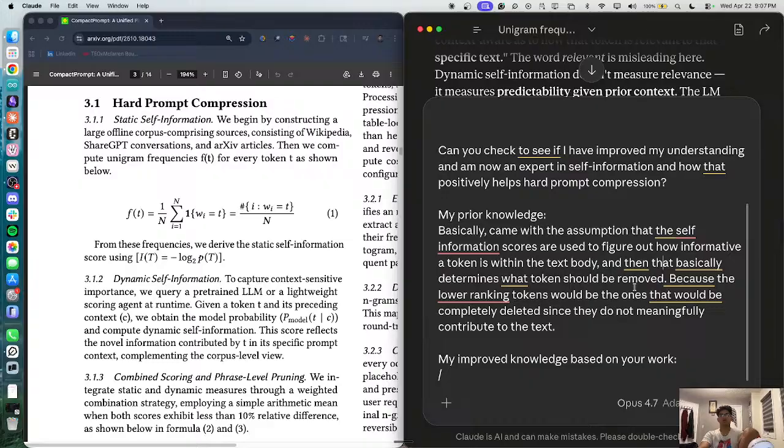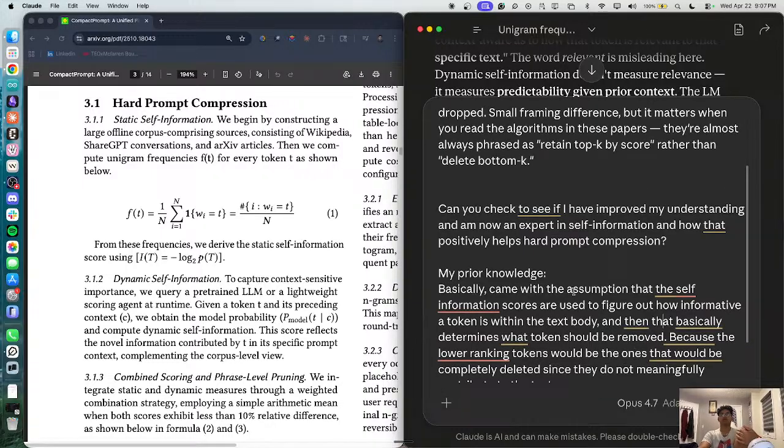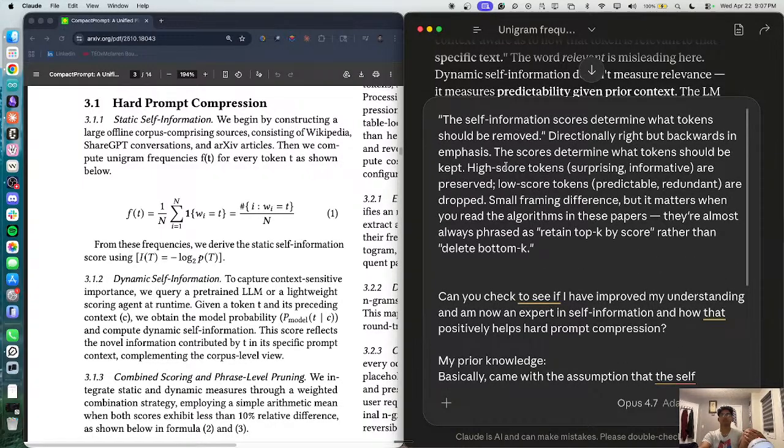Okay, now let's look at what Claude has said. The self-information scores determine what token should be removed. So that is slightly off. Directionally right, but backwards in emphasis. Okay, so it's the same vibes as saying you're on the right track, but not quite there.